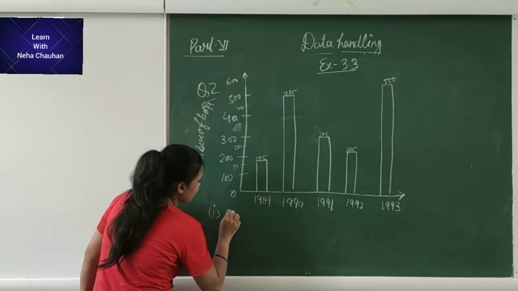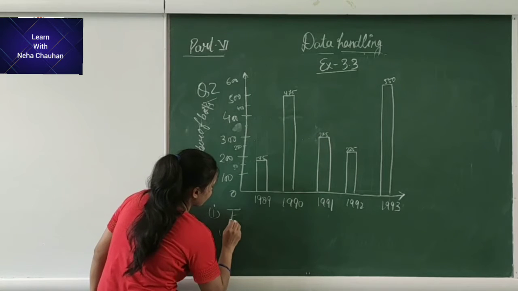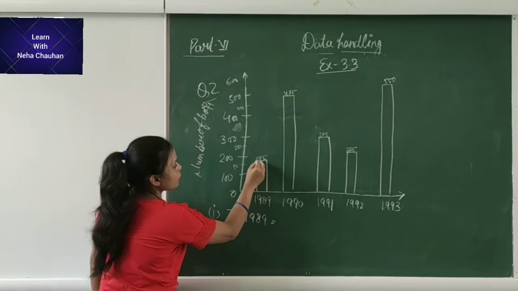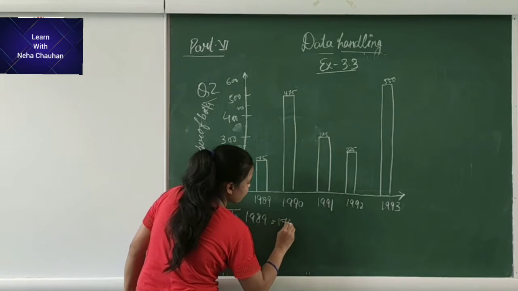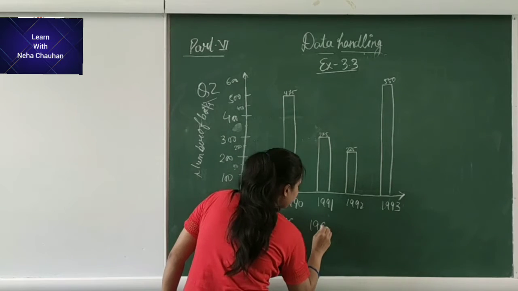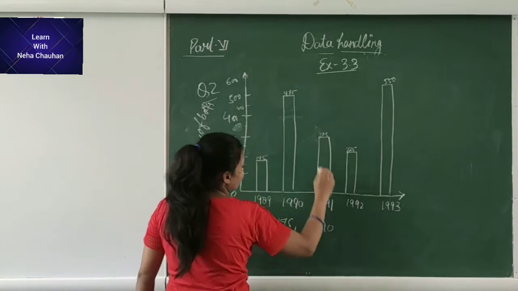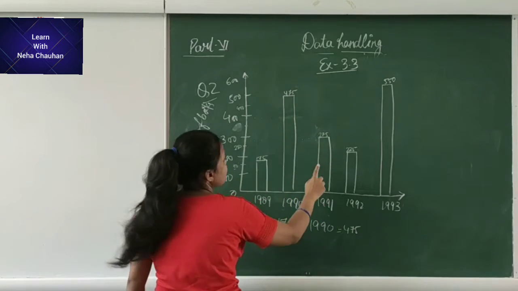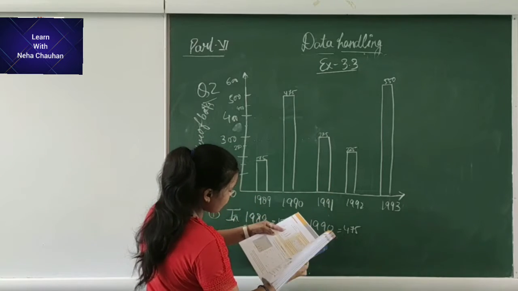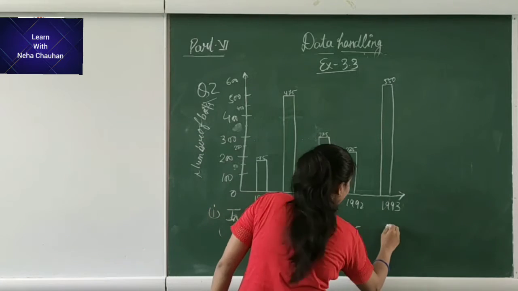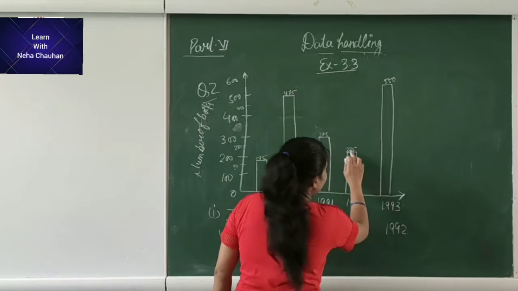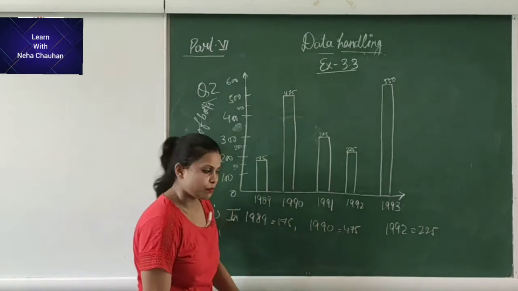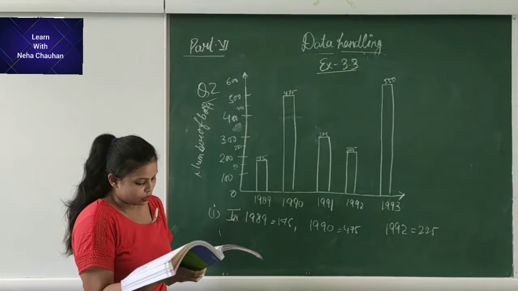For the first part, in 1989 we have 175 books. In 1990 we have 475 books. In 1992 we have 225 books sold, right?